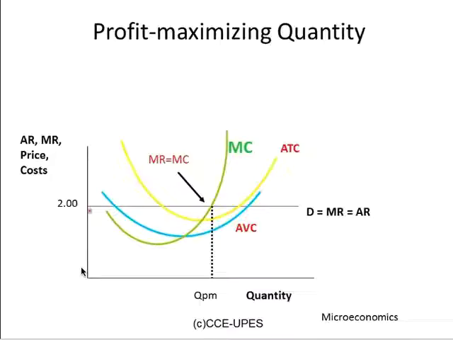In this case, it is parallel to the horizontal axis. Where does he get the maximum profits? If you notice here, this is the quantity where he is getting the maximum profit, where the marginal revenue is equal to the marginal cost, and that point is where the marginal cost curve intersects the marginal revenue, and marginal revenue and average revenue are the same.